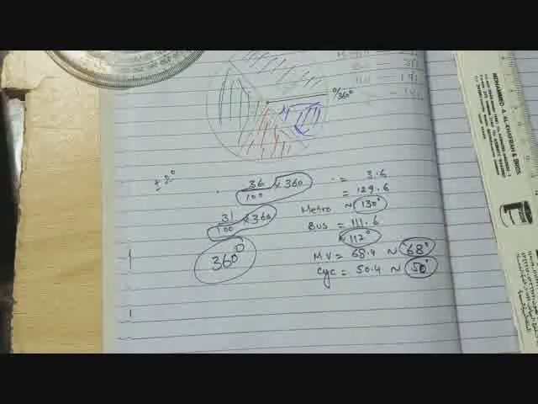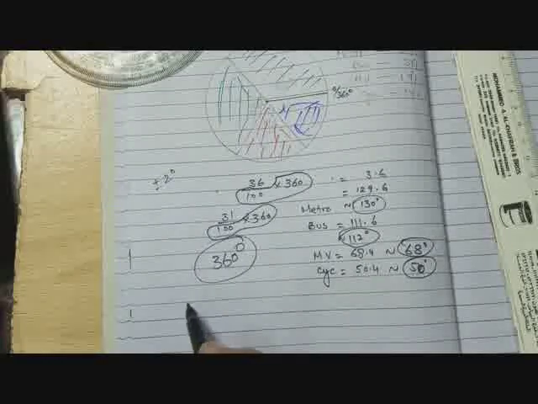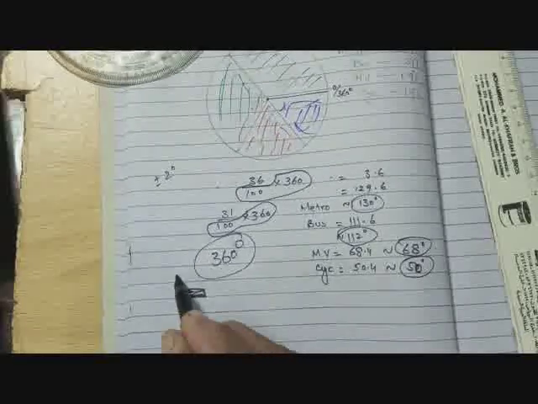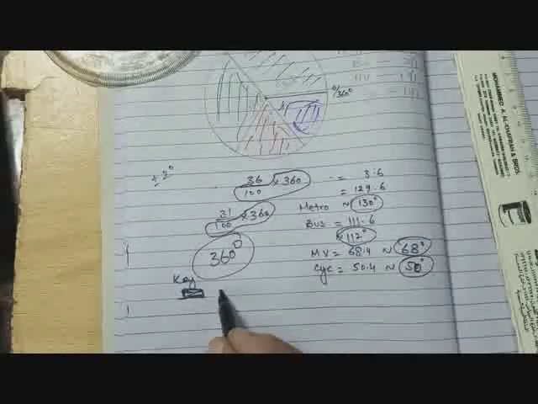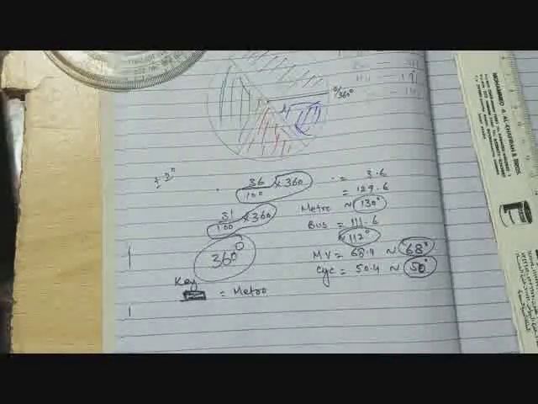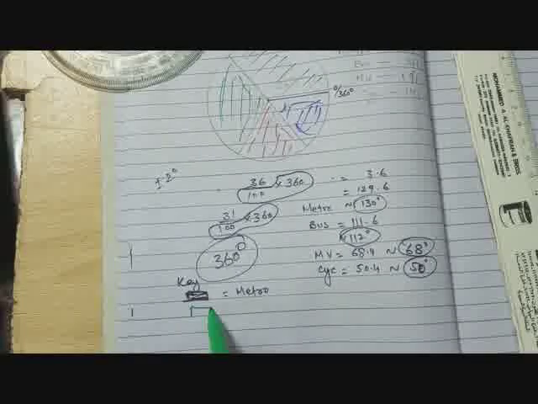Now I have to write the key. For black, this is the key. For black, it is metro. For bus, it was green.